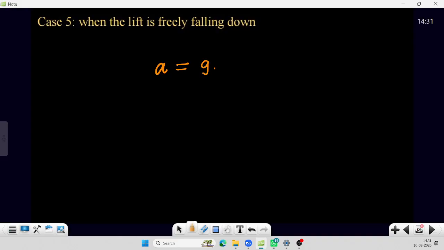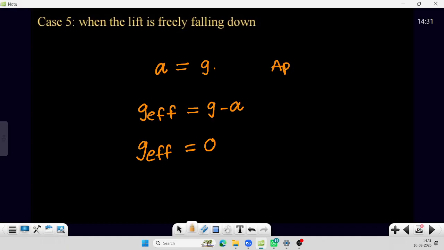From the g effective we have seen, is the lift moving upwards or downwards? Falling means downward. The g effective formula is g minus a. So that means g effective in this case is equal to 0.